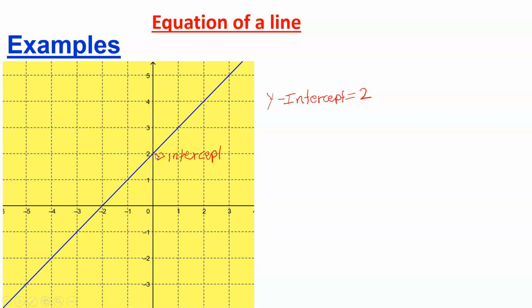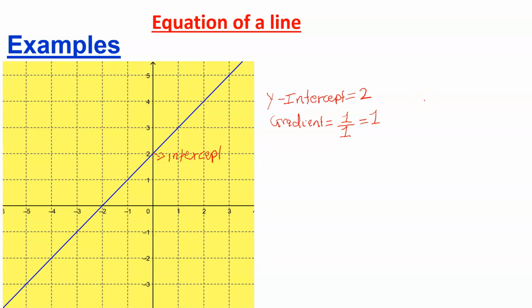So our gradient now is 1 step up for 1 step right, which simply means 1. So we've got gradient 1 and intercept 2.